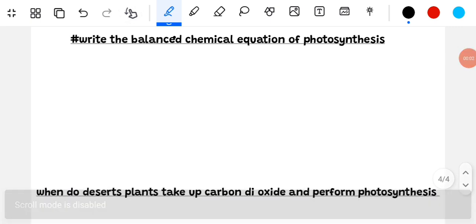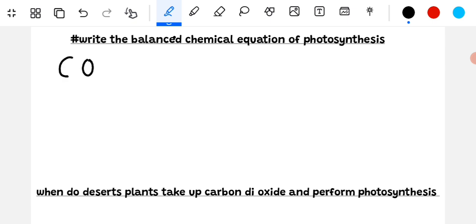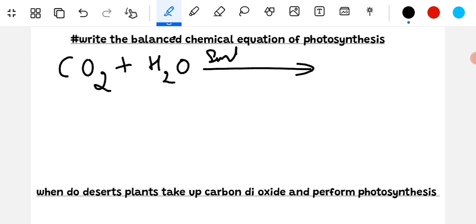This is one of the important questions in CBSE class 10. Write the balanced chemical equation for photosynthesis. Okay, we know that the autotrophic plants will take CO2 and water with the help of sunlight and chlorophyll.